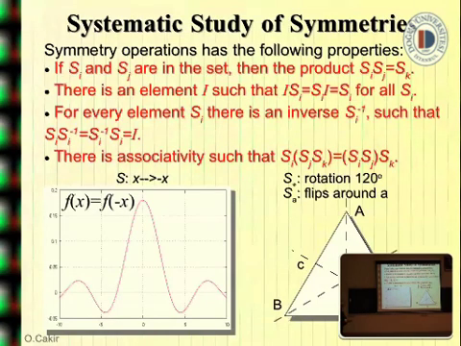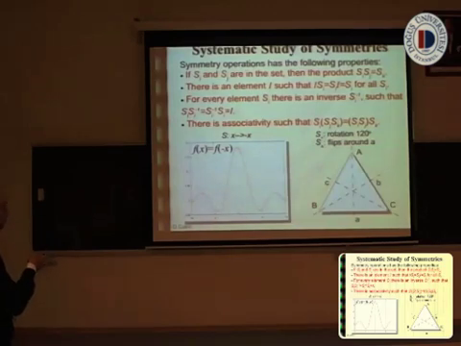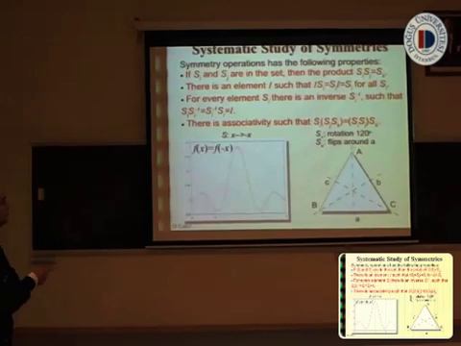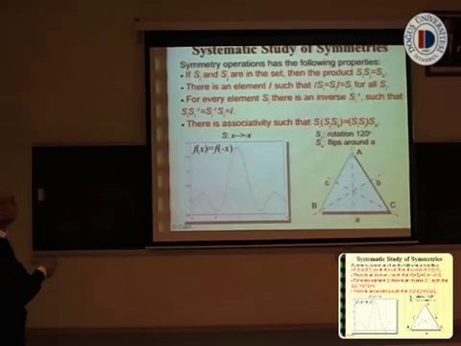Okay, what is a symmetry and a symmetry operation? If we want to study symmetries systematically, then we need a group structure, and then an operation on this group. If Si and Sj are in the set, then the product is also in the set. This is closure.